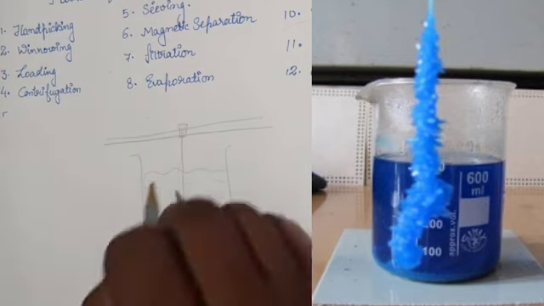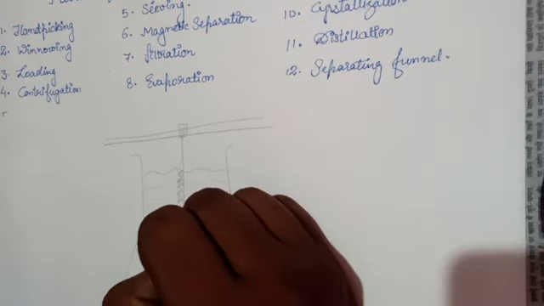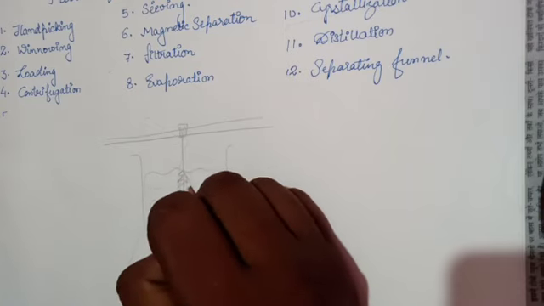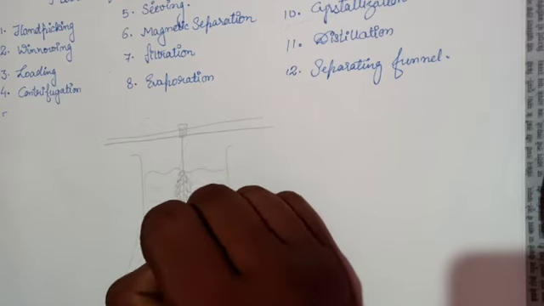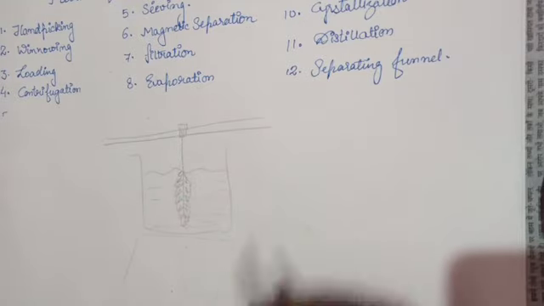Eventually we'll have crystals of copper sulfate formed on a focal point, that is the thread in this example. So this is separating mixtures by the process of crystallization.